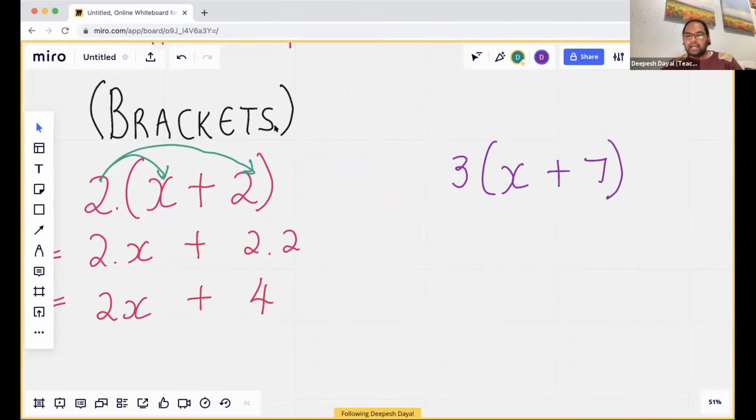And you're going to give me an answer. So let's try this out. So 3x plus 7. 3x plus 10. We've got an answer here of 3x plus 10. Anybody else with the same answer or something different?